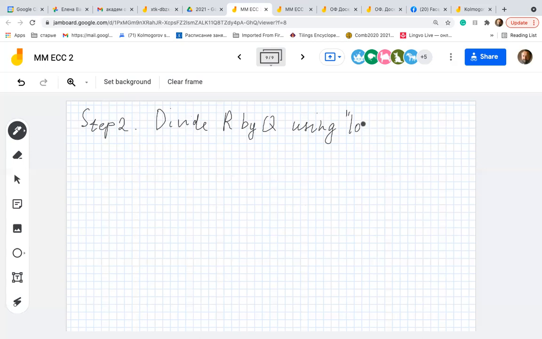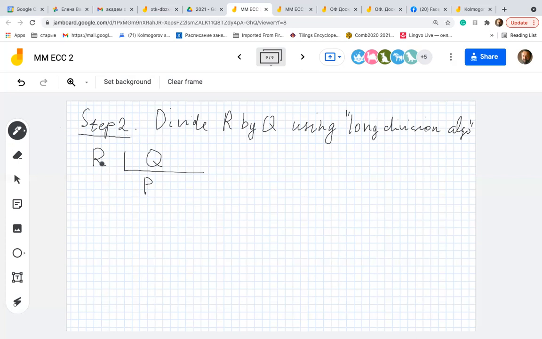In Russian, it's called деление уголком. So we write r here, we write q here, and we obtain p as a quotient. I assume everybody knows the long division algorithm, so there is no need to recall it.